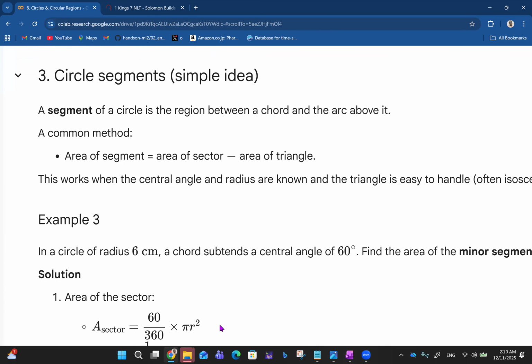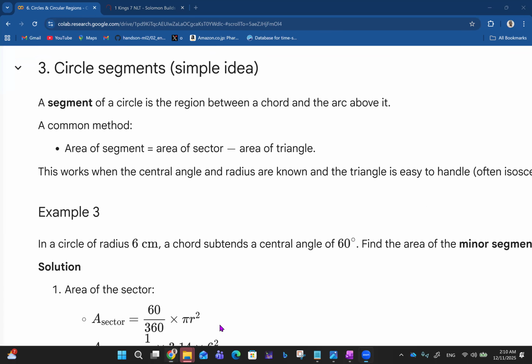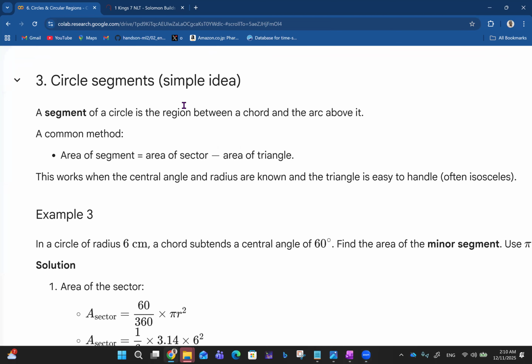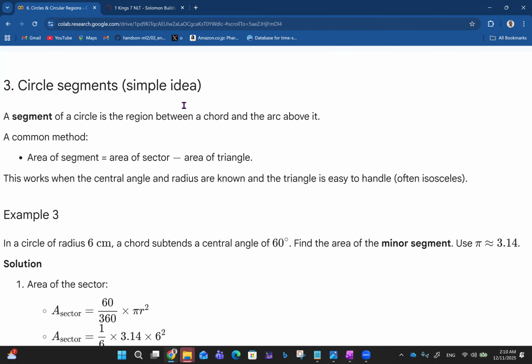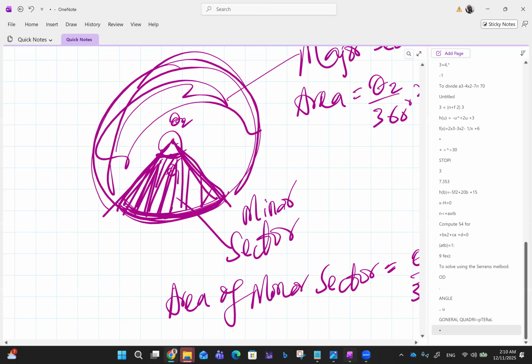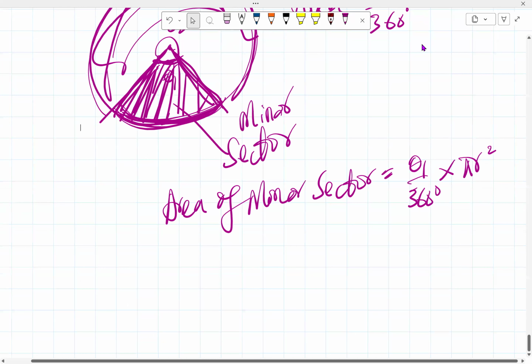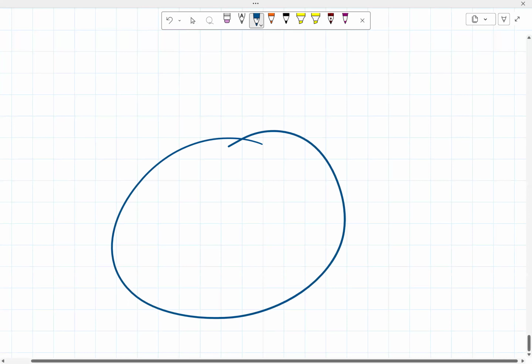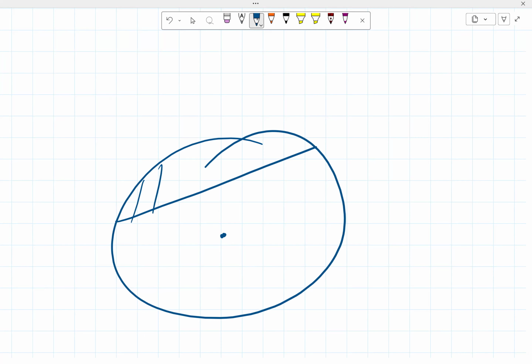Now, another thing we want to talk about is the circle segment. Basically, a segment of a circle is the region between a chord and the arc above it. So look at this now. We've talked about the sector right there, so let's talk about the segment. This is the center still. Imagine you have this chord. This region now is what you call a segment.